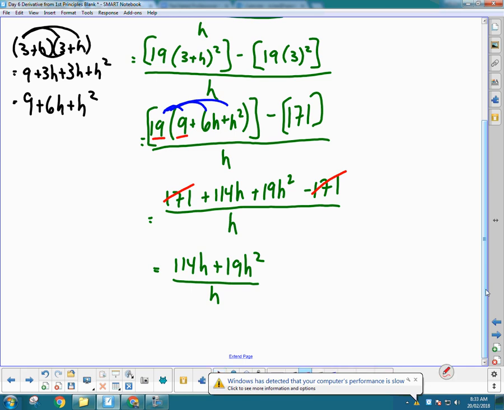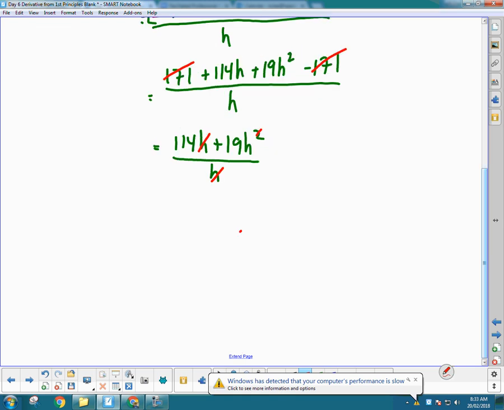So if I divide this by h, it disappears. If I divide this by h, one of those h's disappears, not h squared anymore. And divide this by h, and it's 1. So I'm left with 114 plus 19h.